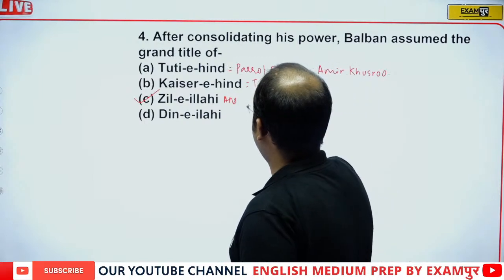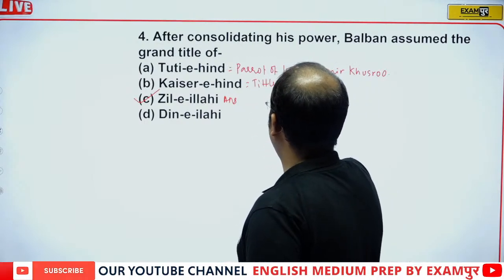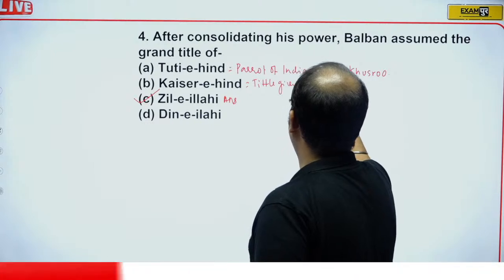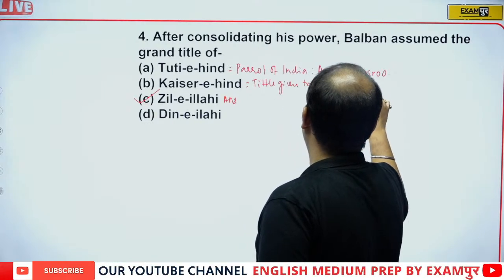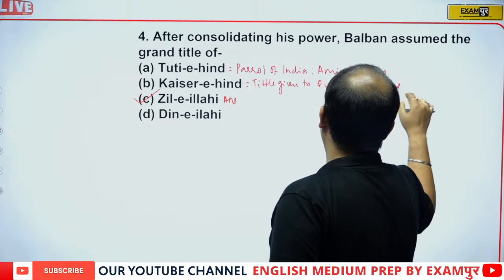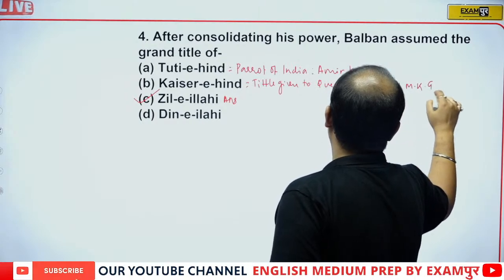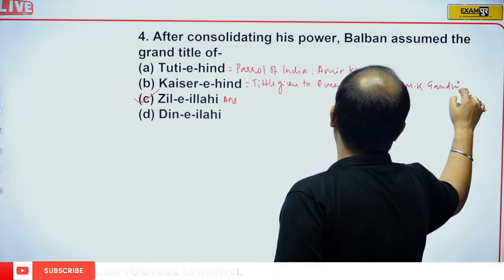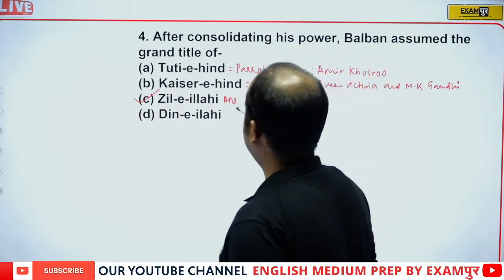Kaisar-e-Hind was the title given to Queen Victoria and M.K. Gandhi.